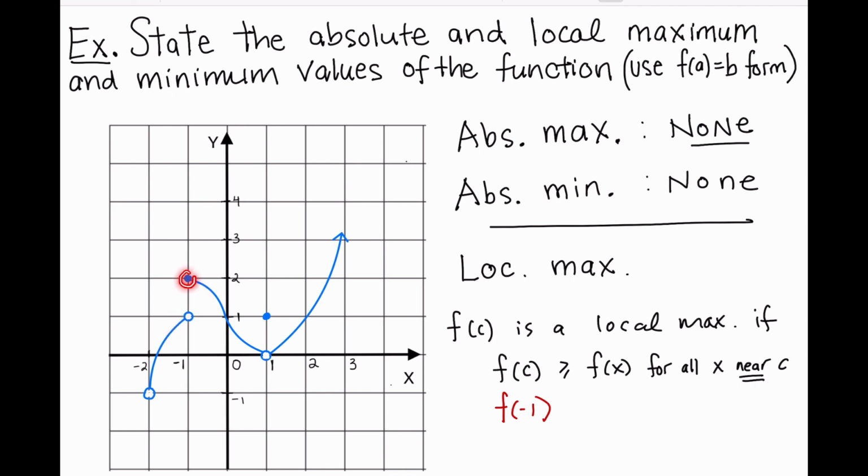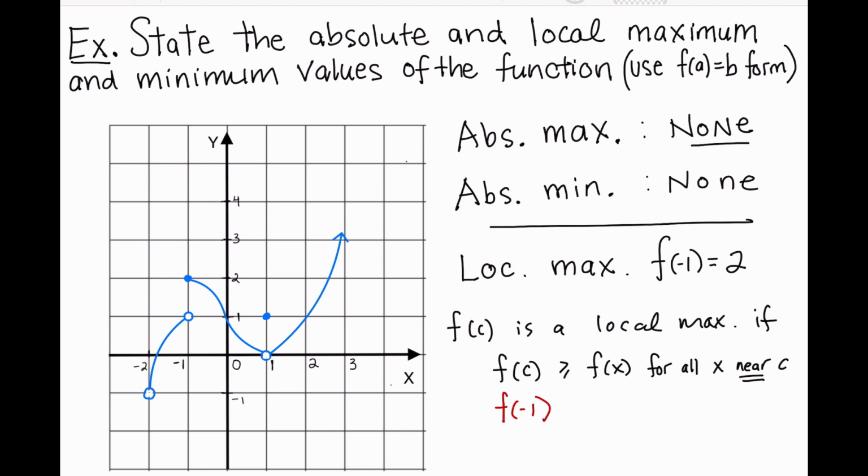So this actually satisfies our definition for a local max. Let me write that down. That would be f of -1 equals 2. And like I said, even though it doesn't really look like a local max, it really does satisfy this condition that we have here.